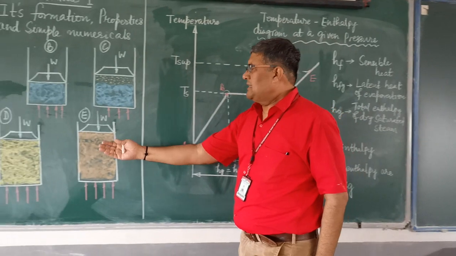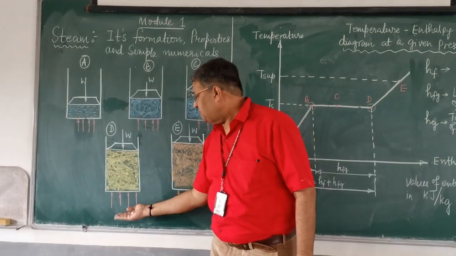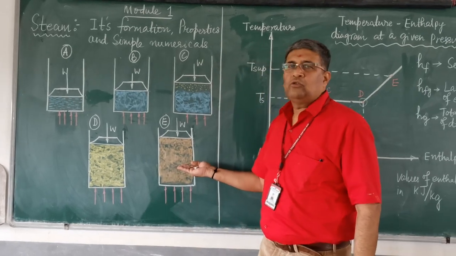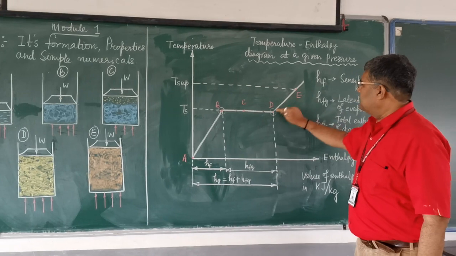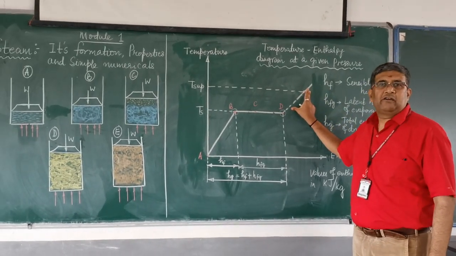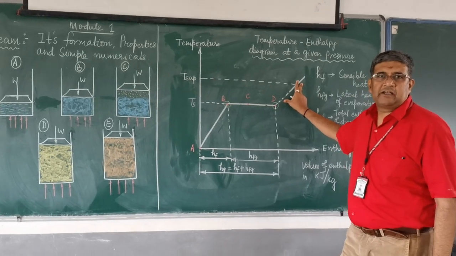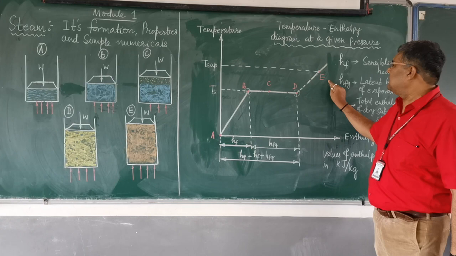From D, if we add heat, we come to E. Any point on this line where there is a rise in temperature, this quality of steam is called superheated steam. I have just chosen a point as E.